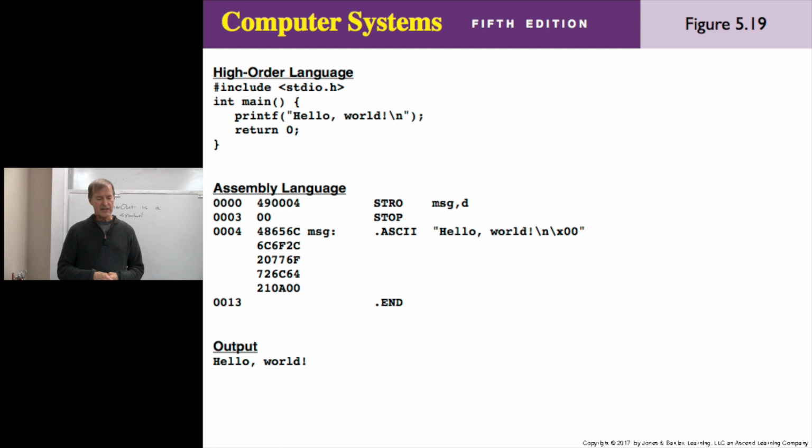That's the newline, because we have the backslash n in the original program. Are you with me? And why do we need the backslash x00? The null character for the string output instruction. And what do you suppose 48656C is? 48 is probably H, and the 65 is the E, and so on. Is everybody clear? Okay, so that's how that gets translated.